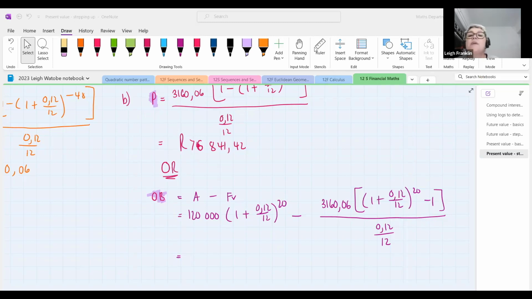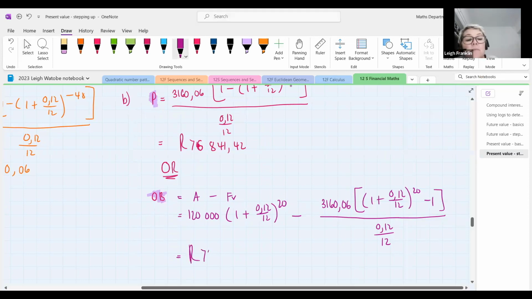It's exactly the same. In this case, it is exactly the same: 76,841 Rand and 43 cents.